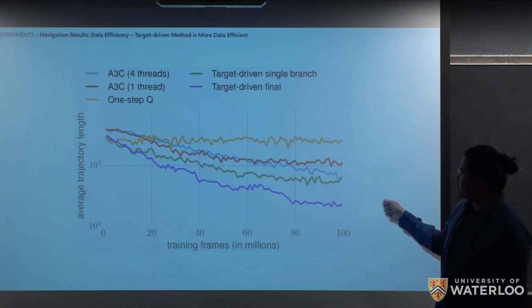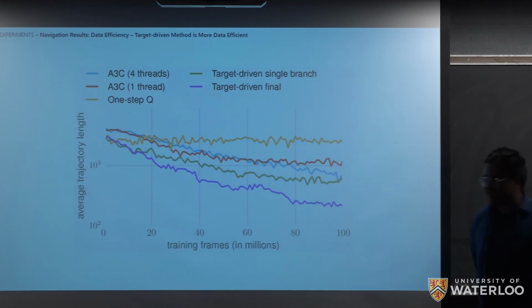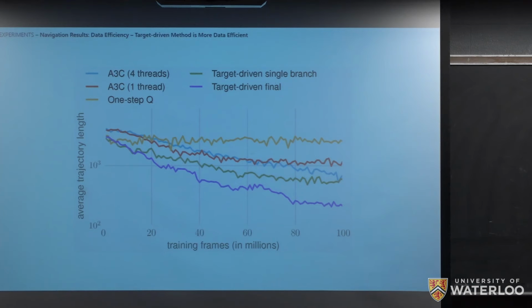And we can see that the target-driven final method learns a lot faster. So its average trajectory length decreases a lot faster compared to other methods over the number of training frames. So it's a lot more data efficient than deep Q networks and actor-critic methods, which is a real plus in this sort of application space.